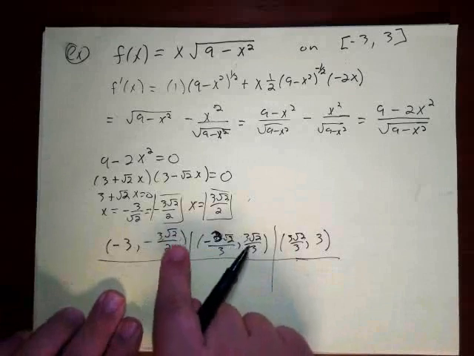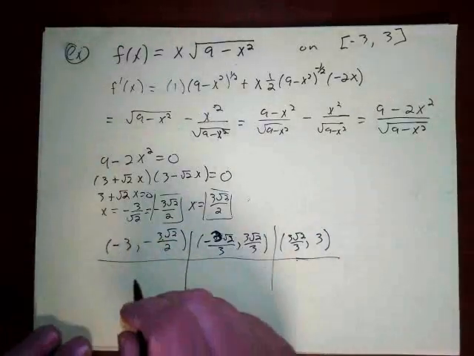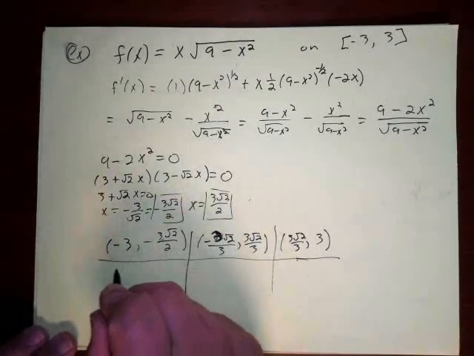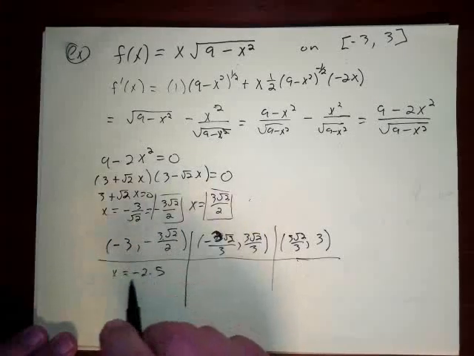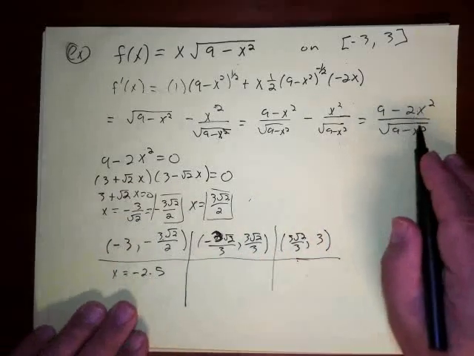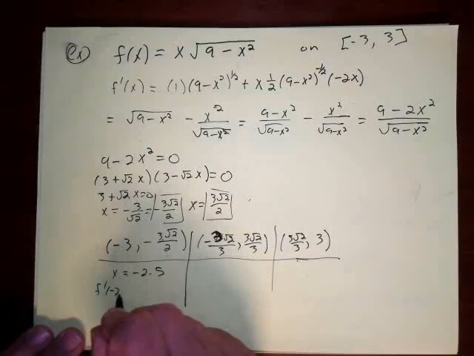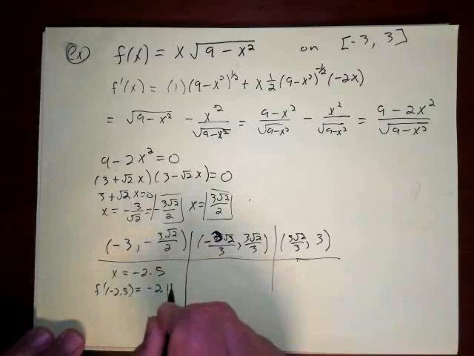Now this thing here is like, I don't know, negative 2.12 or something like that. So I'm going to pick a test point, x is equal to negative 2.5. There's really no nice test point here. So you're just going to have to plug that in, and when you do, the derivative is actually equal to about negative 2.11.